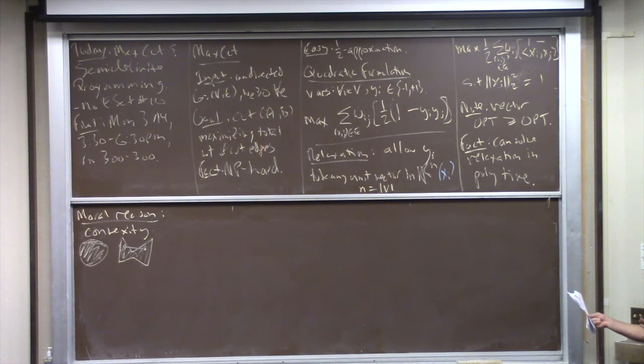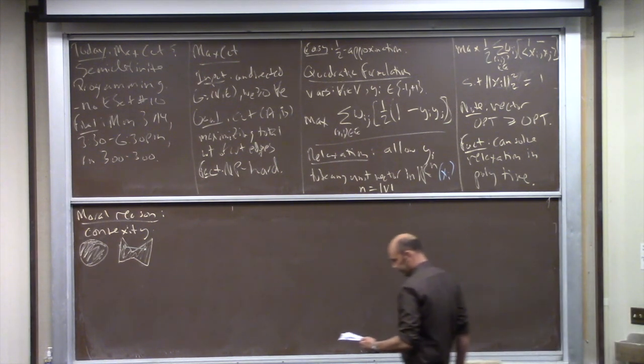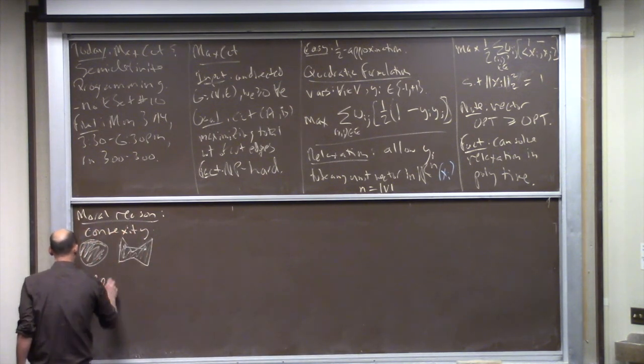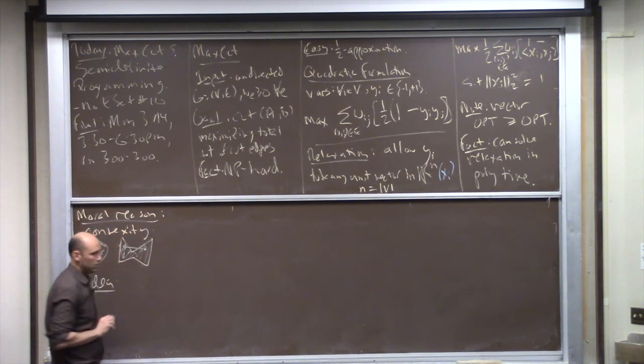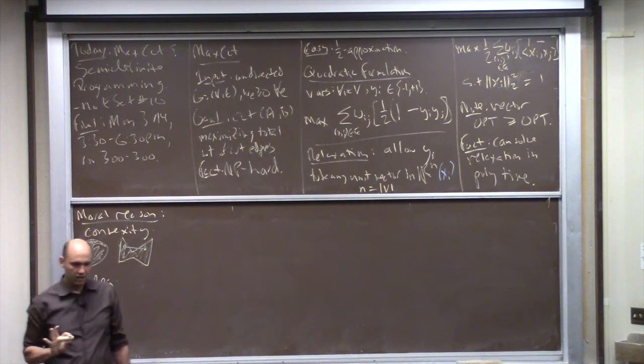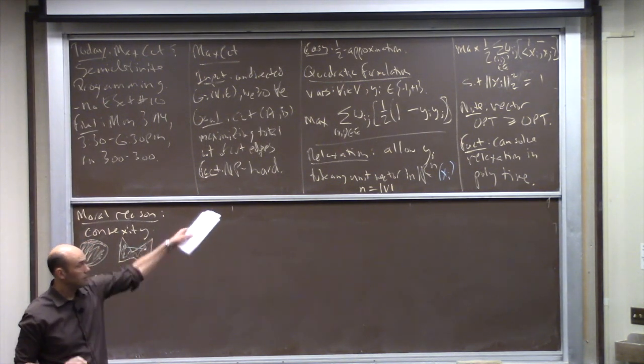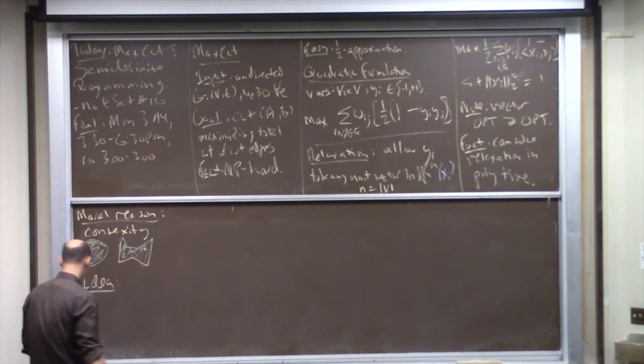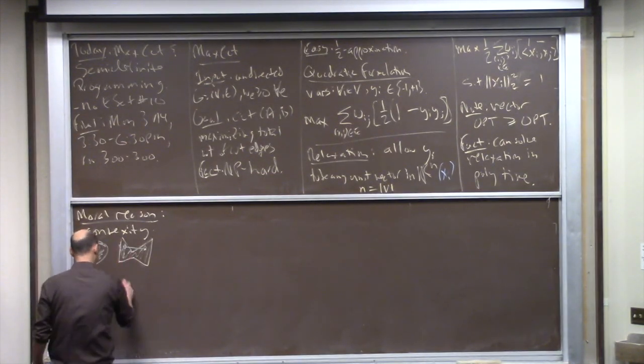So what am I talking about? Where's the convexity? To expose the convexity, we're going to have to reformulate this vector program. We're going to get something which is equivalent, but where the convexity will be very transparent.